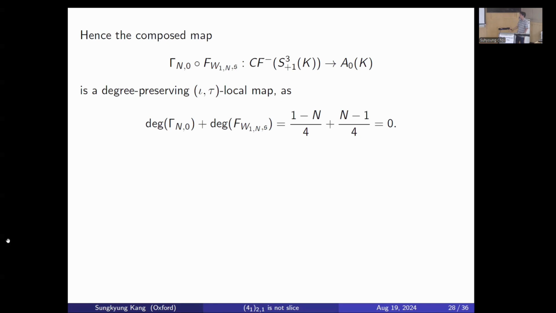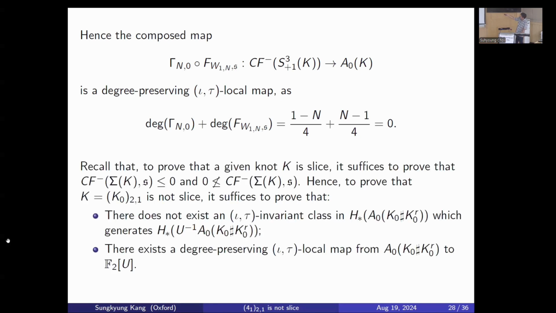So it becomes a degree preserving map, which is local and homotopy commutes with iota and tau. Which means that as iota-tau complexes, we have an iota-tau local map from here to here, so that we have an inequality with respect to this partial ordering in this local equivalence group.